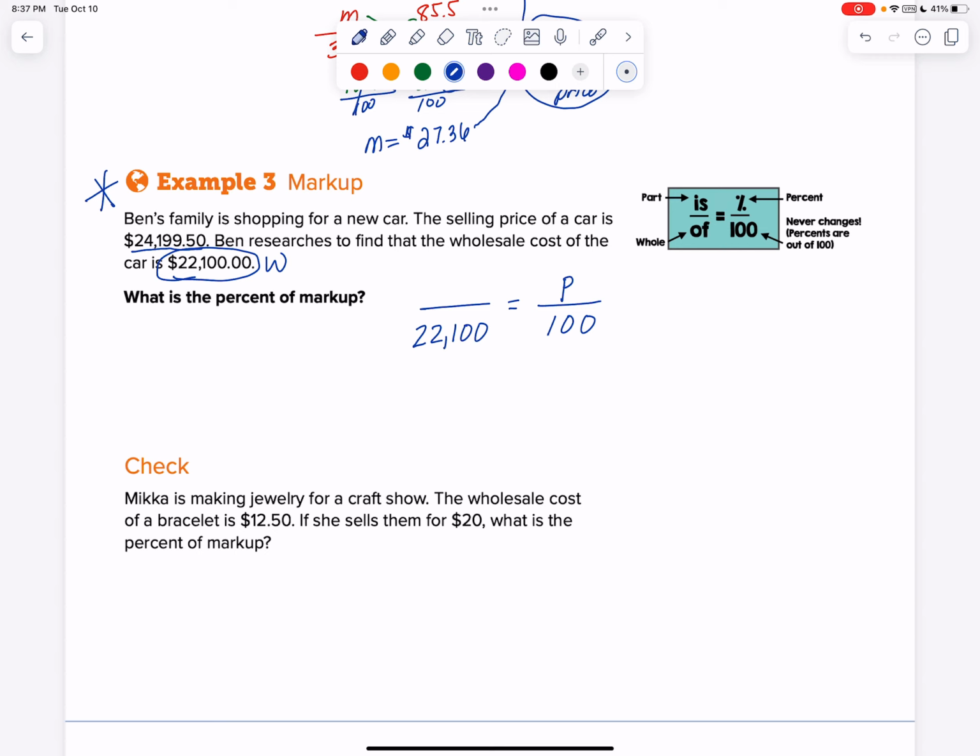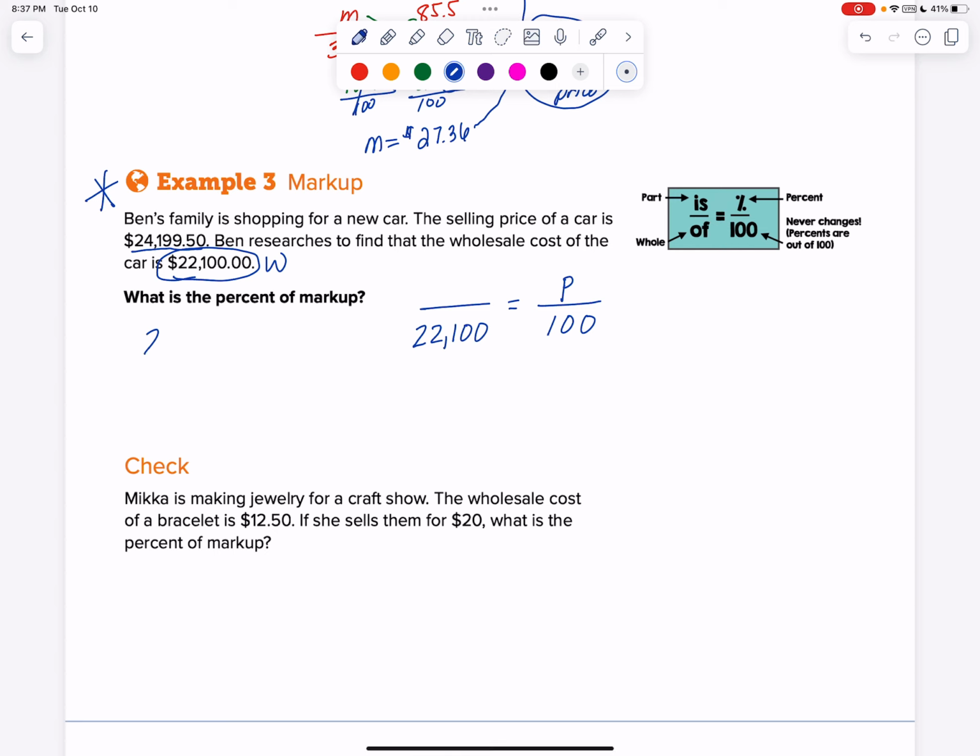I should be able to put in my markup, right? Because let's think about what a markup is. A markup is the amount of money that we add on to the wholesale to create the sale price, okay? And so let's think about what that means.